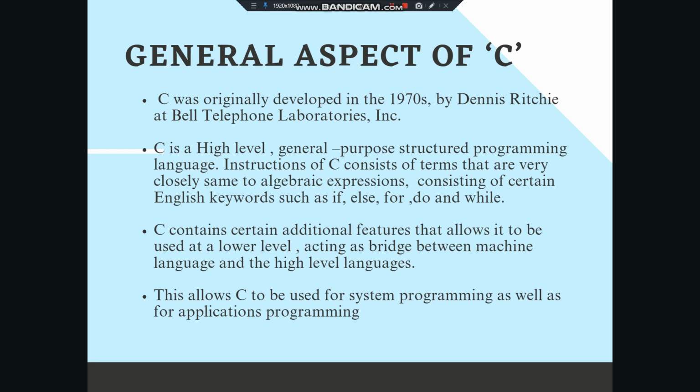Instructions of C consist of terms that are very closely the same as algebraic expressions, consisting of certain English keywords such as if, else, for, do, and while. C contains certain additional features that allow it to be used at a lower level, acting as a bridge between machine language and high-level languages. This allows C to be used for system programming as well as for application programming.